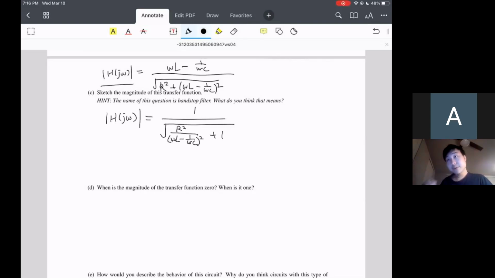But there is an obvious problem to this approach, because omega L minus 1 over omega C must not be 0. Otherwise, you cannot divide both the numerator and the denominator by 0. But in that case, this would be an easy problem to solve because the numerator is simply 0, and so the magnitude of the transfer function would just then be 0.